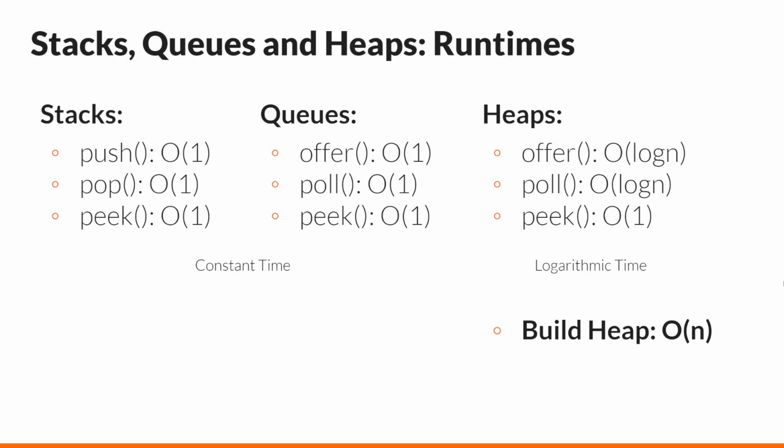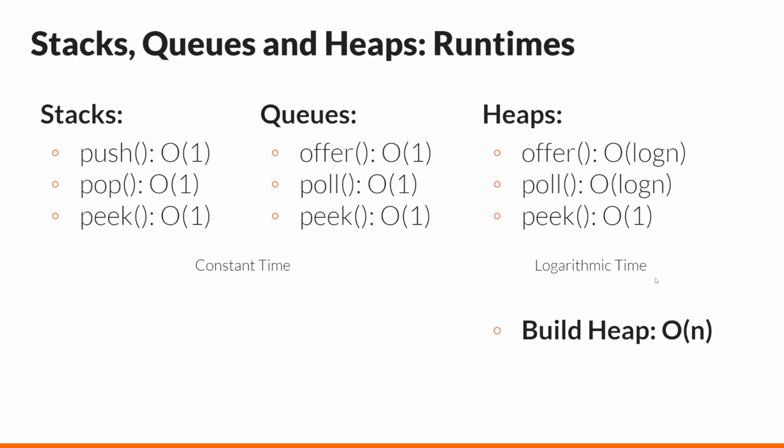Finally, one last point that it's really important to know is that there's a way to build a heap with n elements in O of n time, right? Normally you would think that if you add an element, right, I'm adding n elements, each offer operation is log n, you would think it's n log n runtime.